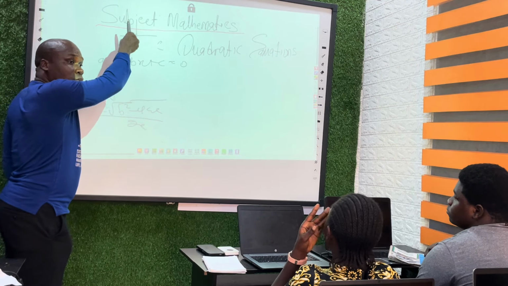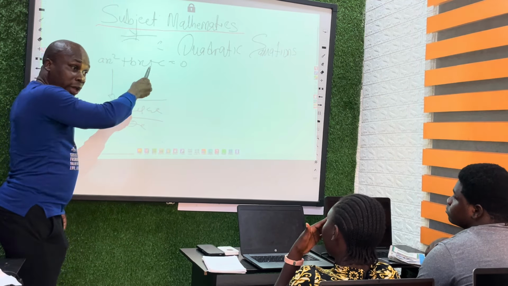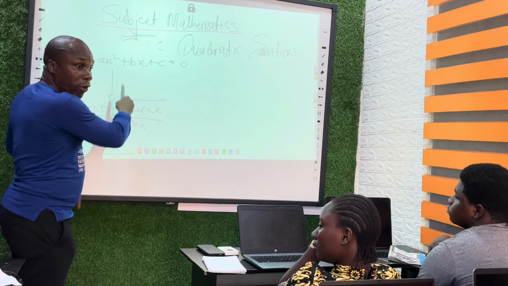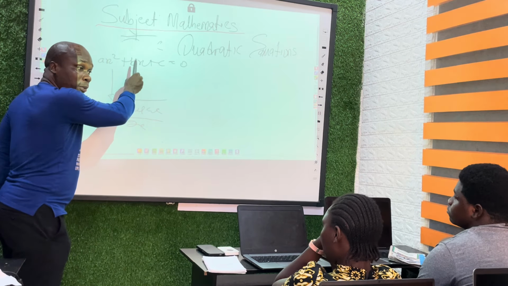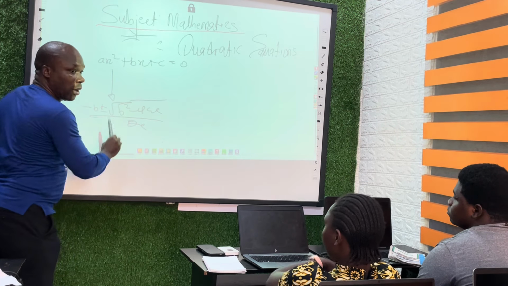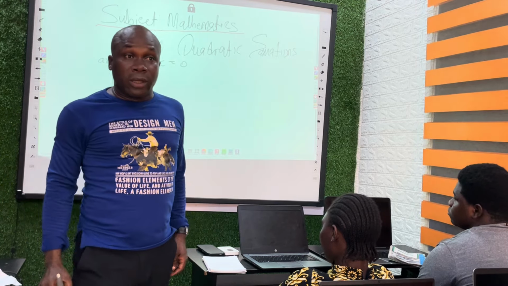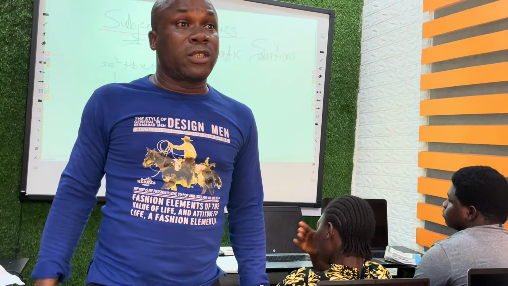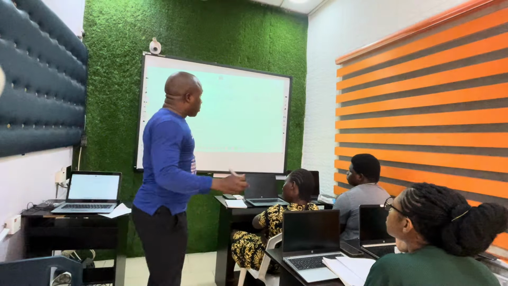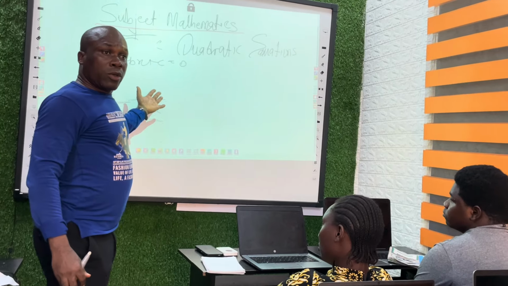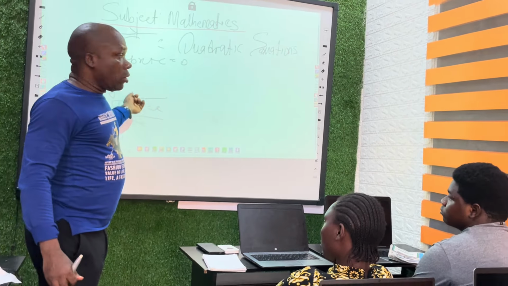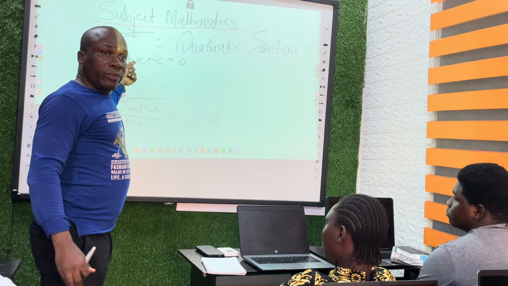When you finish solving this using completing the square, you get this formula. That is the general formula. That's how you derive it. They can ask you in JAMB, IGCSE or WAEC to use the completing the square method to derive the general formula.